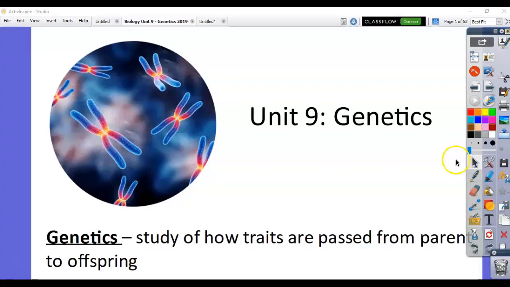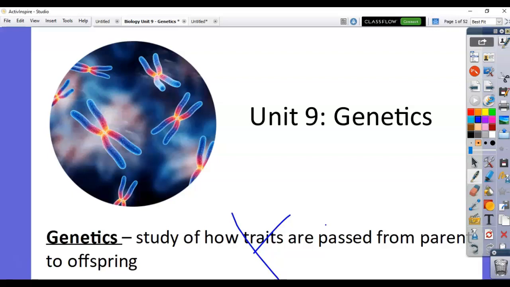Okay. To move on to our next unit, which is genetics. I don't need you to write this down. You can just write down the title, but genetics is studying how traits are passed down from parents to offspring. So we just looked at mitosis, remember, cell division that is used for us to grow and divide, and then meiosis, which is used for reproduction.